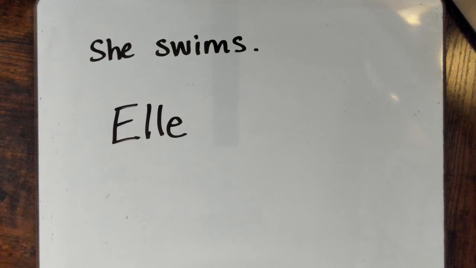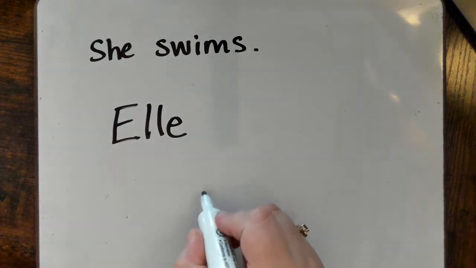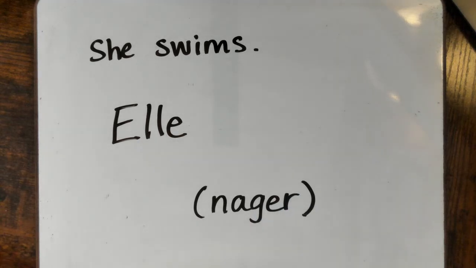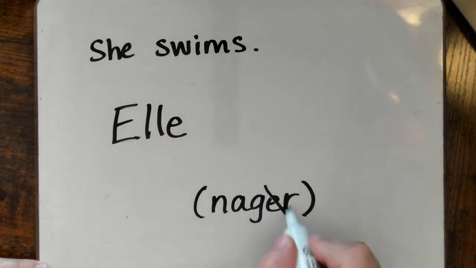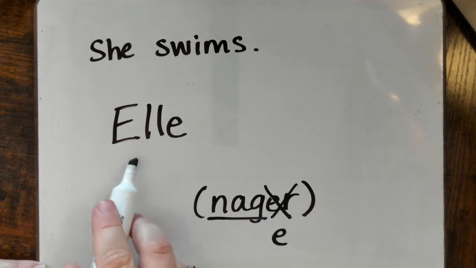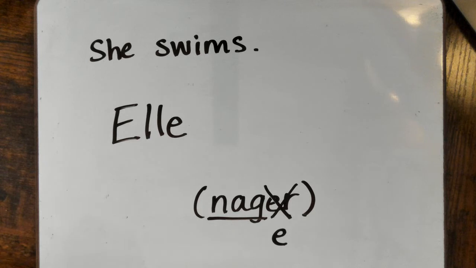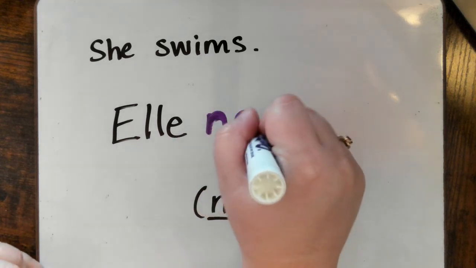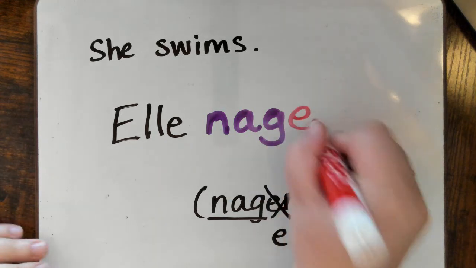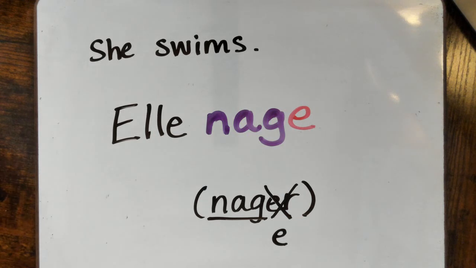So the verb for to swim is nager. Okay, and we got that from our vocabulary list. And then we need to conjugate the verb nager. So we're going to take off the er. Here's our stem, and then we add the ending that goes with elle. So it'll look like this. N-A-G is the stem, and the ending is E. Elle nage. She swims.